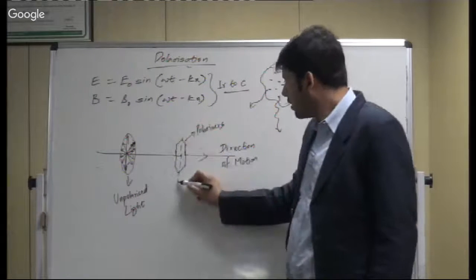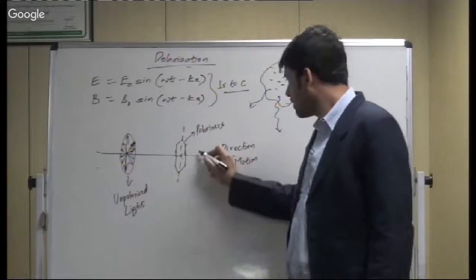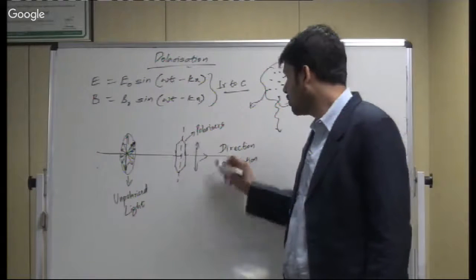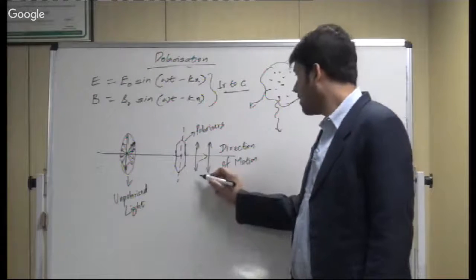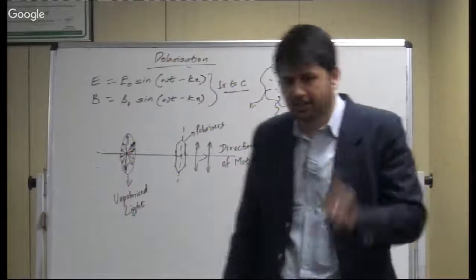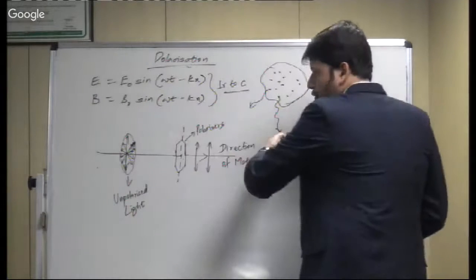Let's say the vertical direction in this case. So the light that is produced here is called polarized light, since it has only one direction of oscillation.